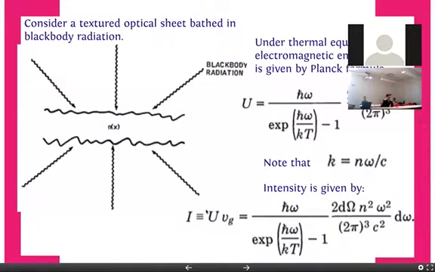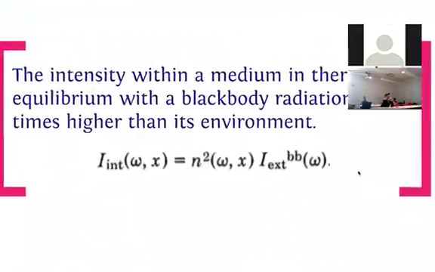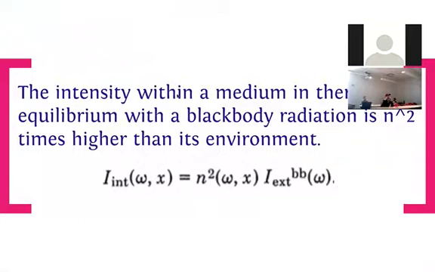Now, the most important thing here is that I is directly proportional to n squared, where n is our refractive index. From that we can draw a very important conclusion: the intensity within a medium in thermal equilibrium with blackbody radiation is n squared times higher than its environment. It's a very important conclusion that comes simply from thermodynamics and quantum mechanics.